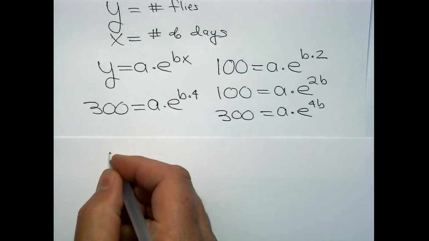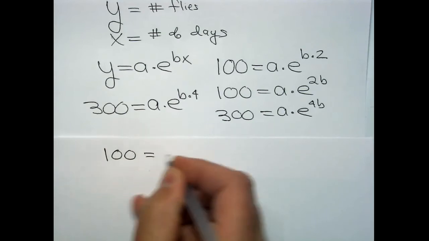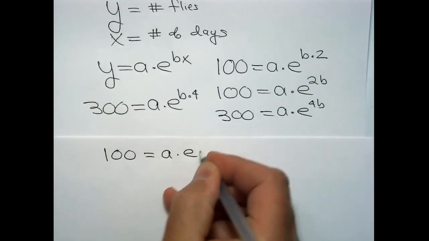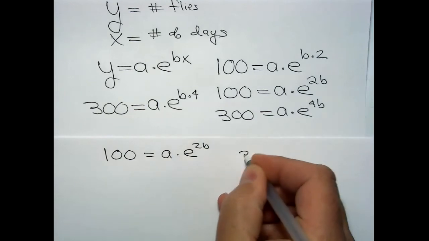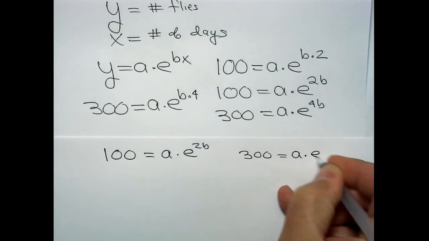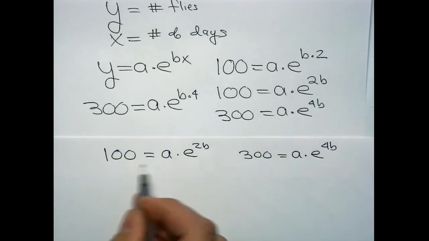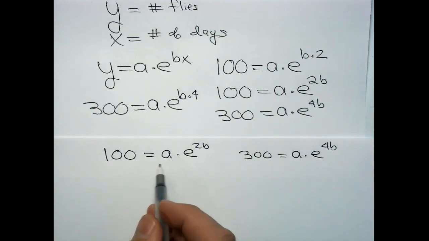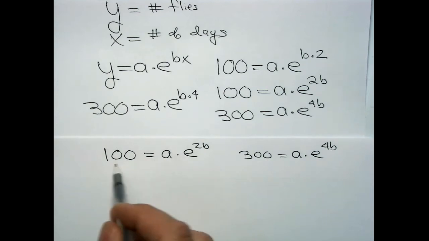And how are we going to solve these 2 equations and 2 unknowns? One method is substitution. The problem with solving this equation by itself is there's too many unknowns. 2 unknowns, 1 equation.